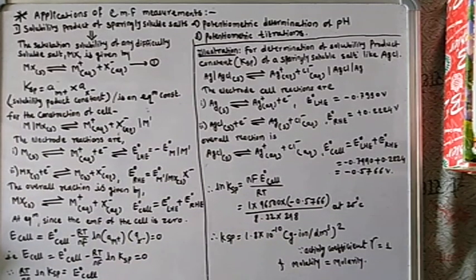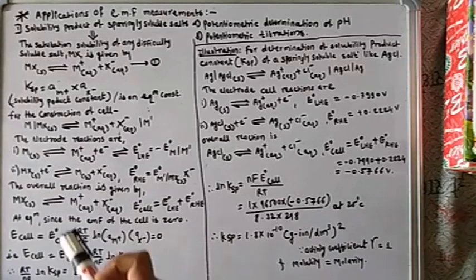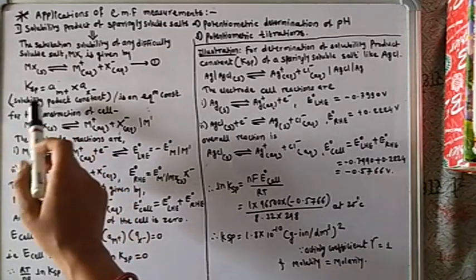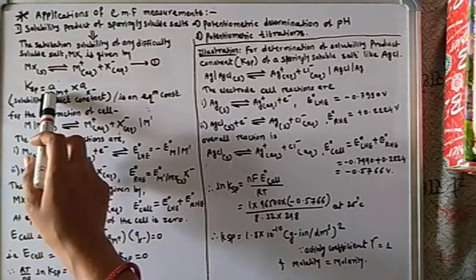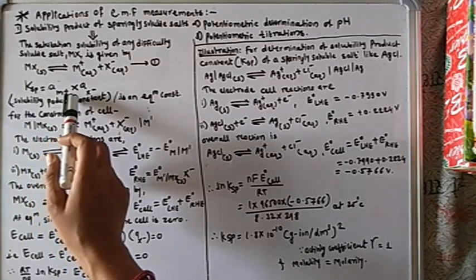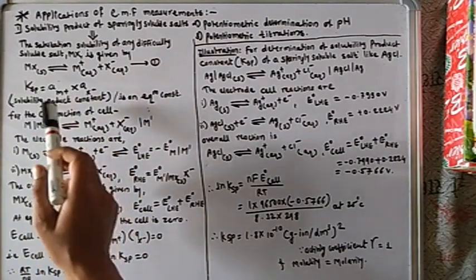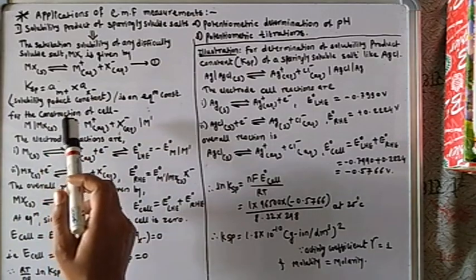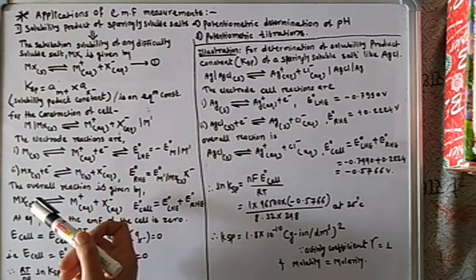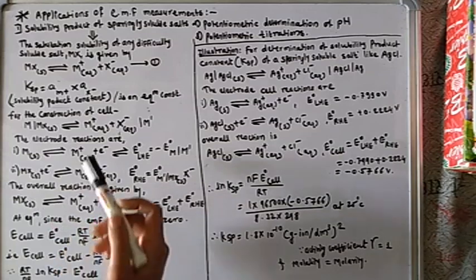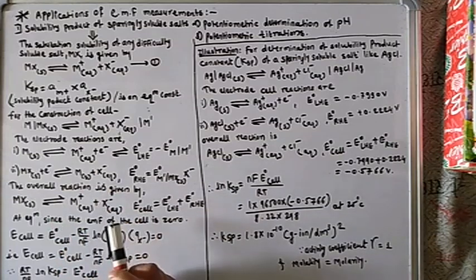This is also called the equilibrium constant, and Ksp is defined as Ksp equals a of M+ into a of X-. Since this Ksp is an equilibrium constant under specified conditions, it should be related to the E standard of the cell.